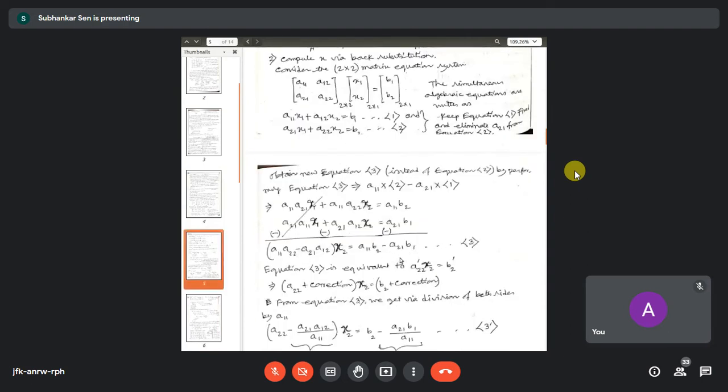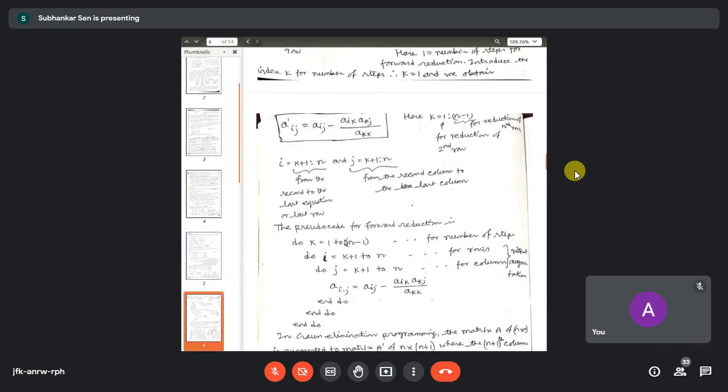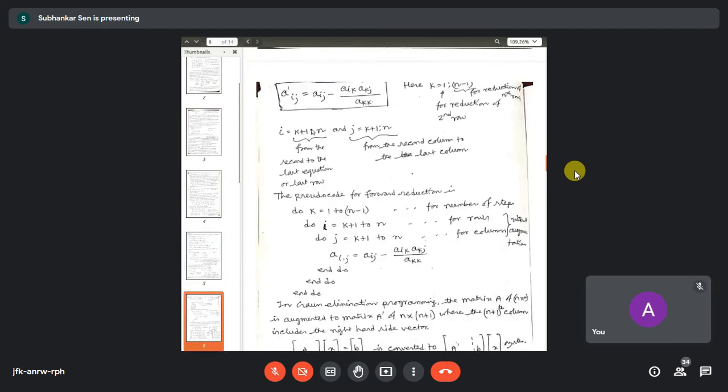Okay, so this is the algorithm. Then we write these steps in a pseudo code that you can write in a programming language, in Fortran or C. So we keep this index k outside. Under this k index, we keep on operating on rows and columns. You can put I outside or j outside, it does not matter.